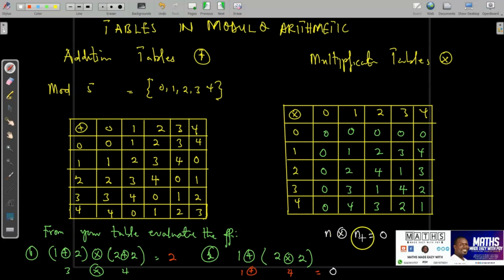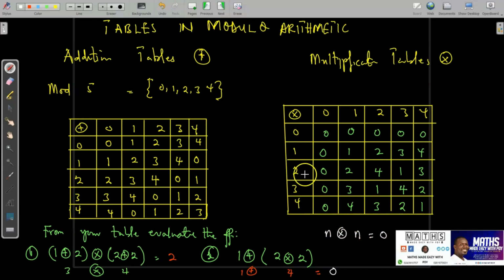Now, n times n is equal to 0. For such a question, we only need the multiplication table to get the answer. So we are looking for a value which when it multiplies itself, we must get 0.